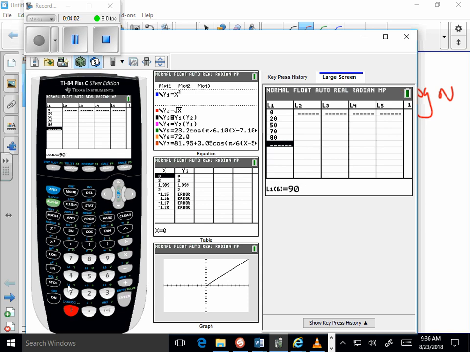And 2010 is, ooh, don't forget to hit enter. 2010 would be 100 years later.